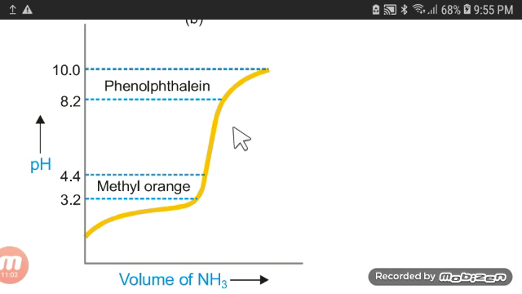No vertical portion means no equivalence point for it, and there is no range in which an indicator lies. So there is no suitable indicator for the acid-base titration in which both are weak.